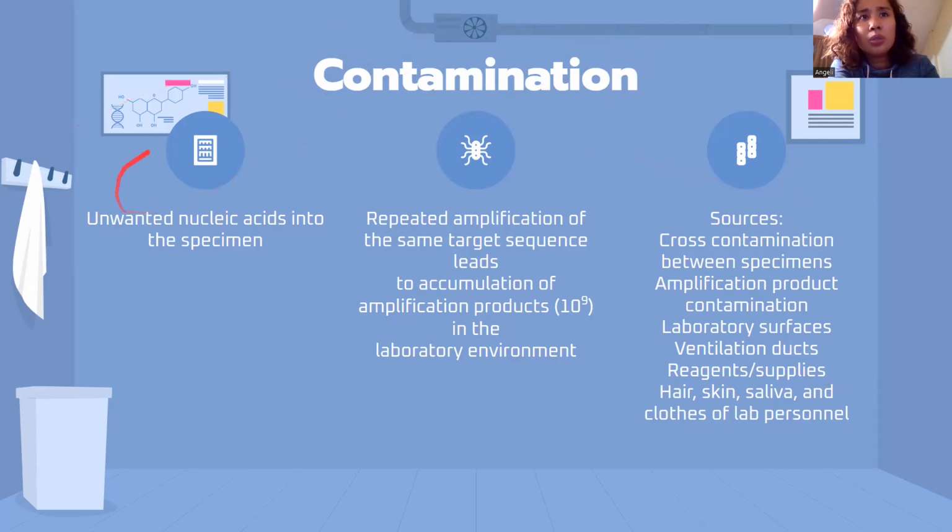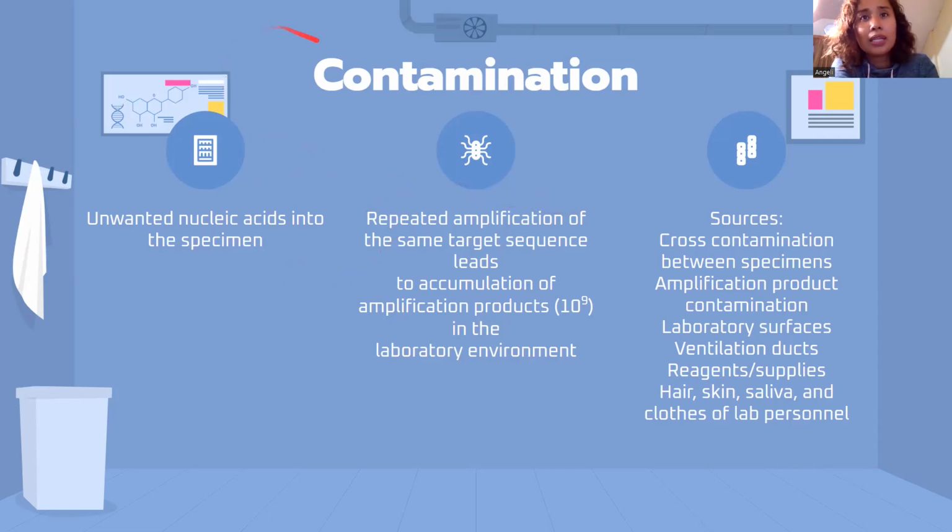We don't want nucleic acids in our specimen. Every cell flying around has a nucleus, and inside it there are nucleic acids, ribosomes, RNA, enzymes. So there is really a lot of contamination in a molecular lab, and as much as possible, we want to minimize it, right?